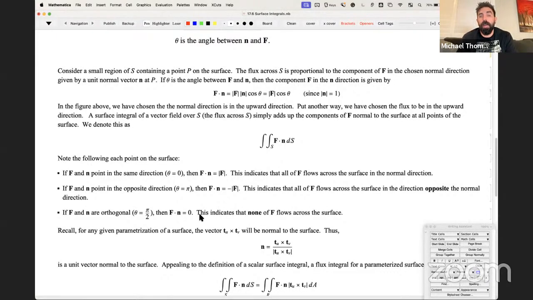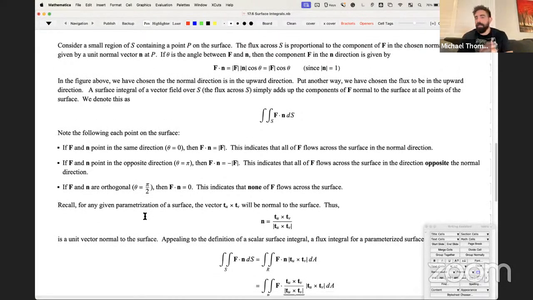So you basically have no contribution to the flux, and this would indicate that none of F flows across the surface in either direction. Okay, so that's the idea. Of course, most of the angles are going to be between 0 and pi over 2. So these are the edge cases, but it is important to take note of these three edge cases here.